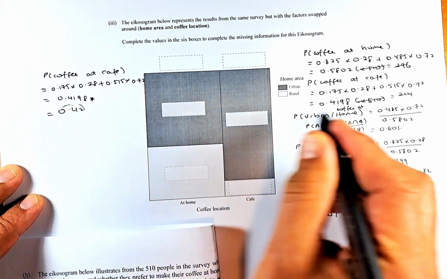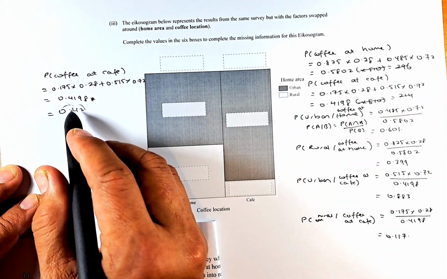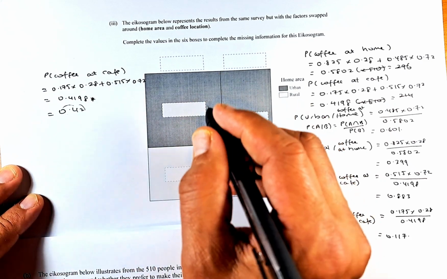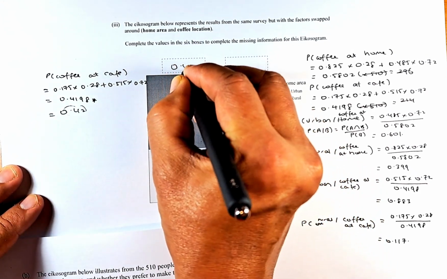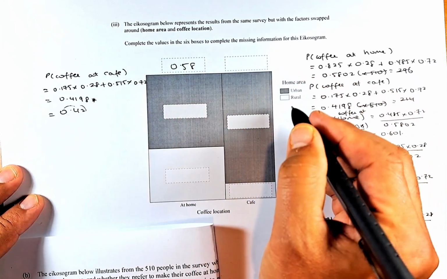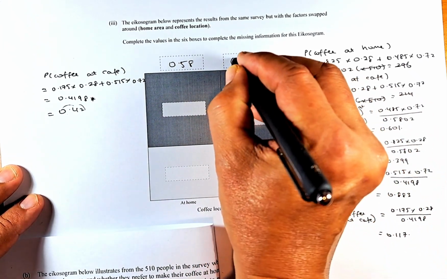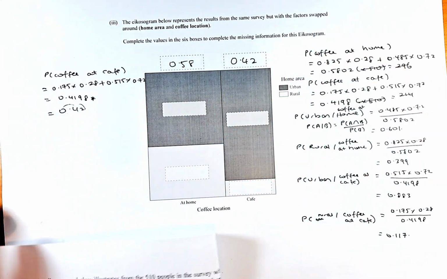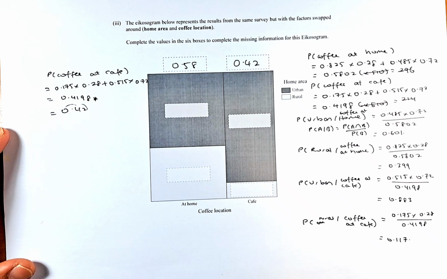These two numbers must add up to 1, so you can take 1 minus that number. This number is written as 0.58 for home, and for the cafe it's 0.42.